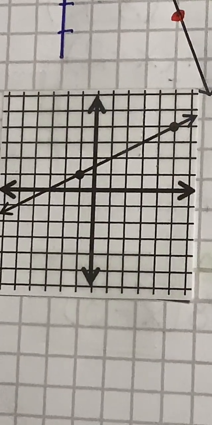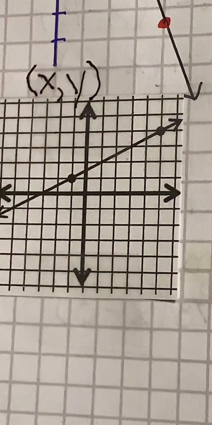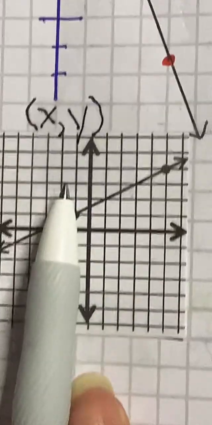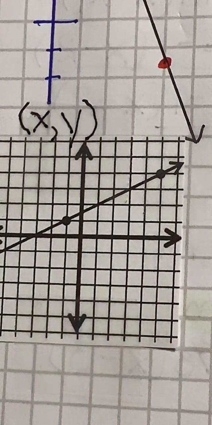That is vital. When we do ordered pairs, remember it's your X, then your Y. Think of the alphabet. If you're naming points, you need to put an X, then a Y, and we're putting them in parentheses.